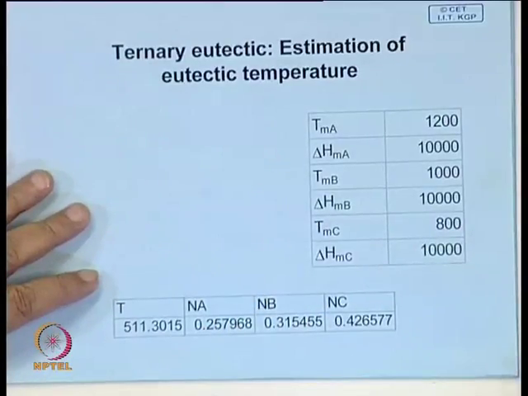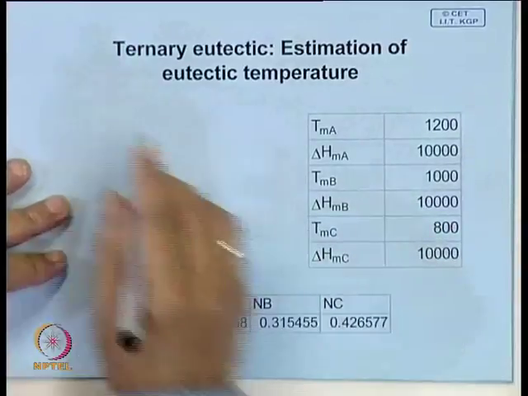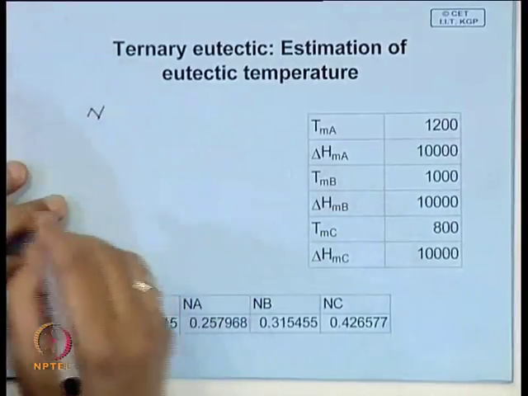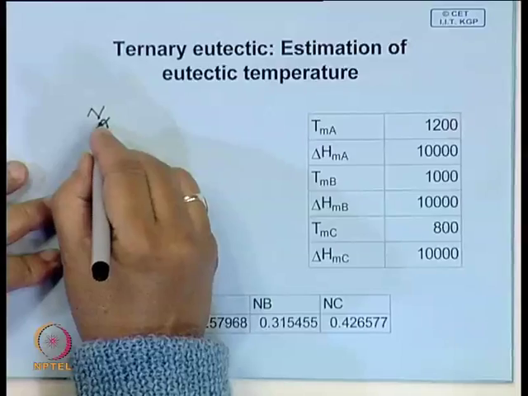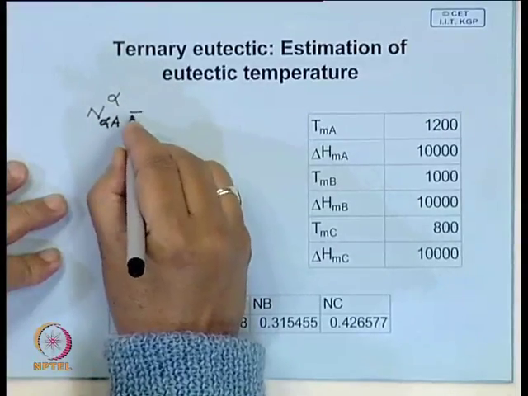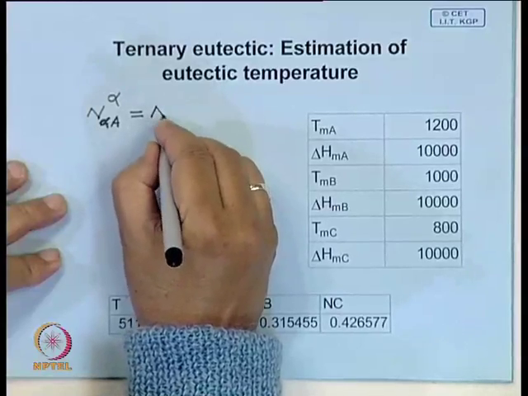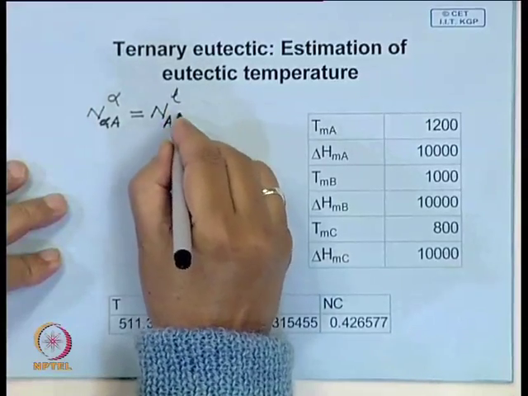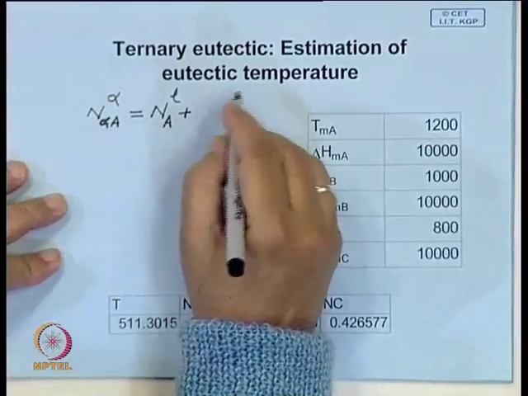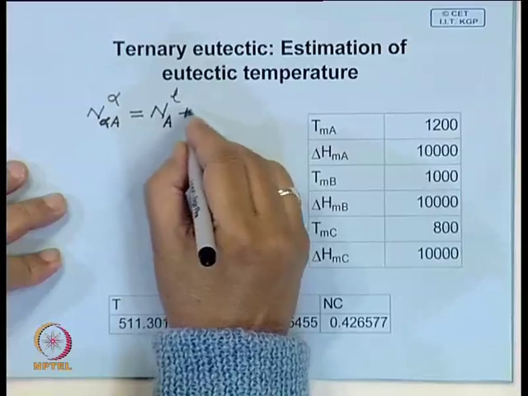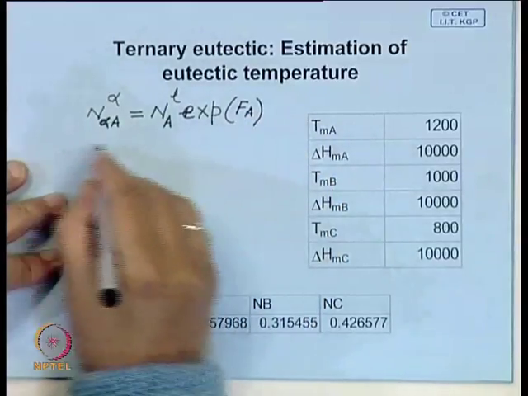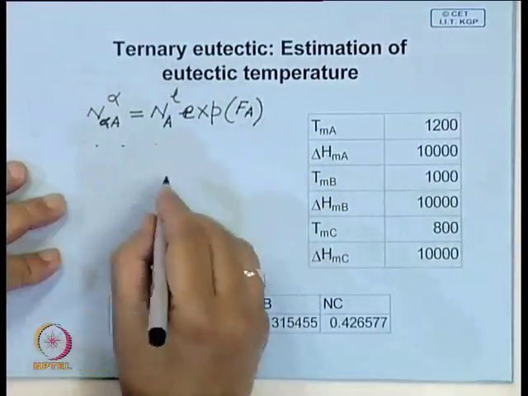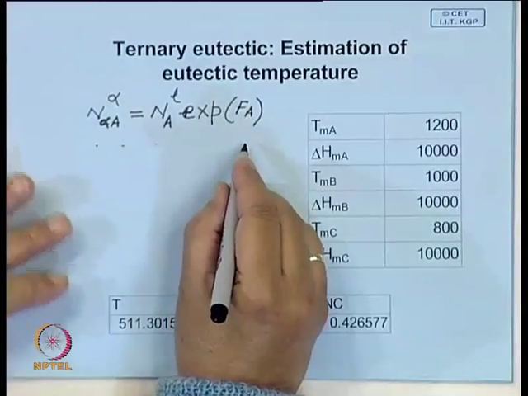Following exactly the similar case in a ternary eutectic, at the eutectic temperature, let us say just above that eutectic temperature, you can equate N A in alpha, this will be equal to N A in the liquid, times the exponential of F A. So you will have three such equations.